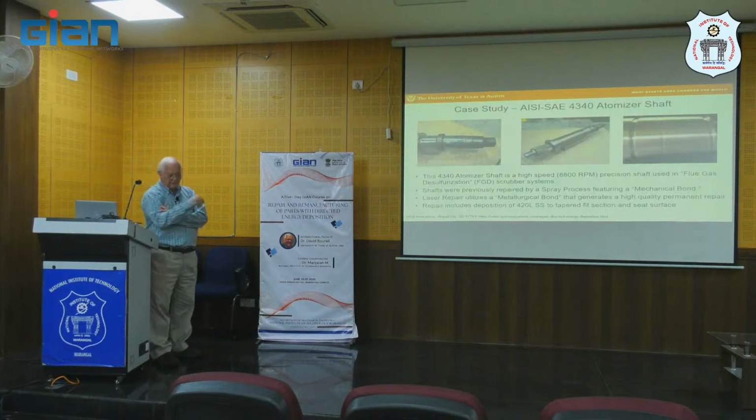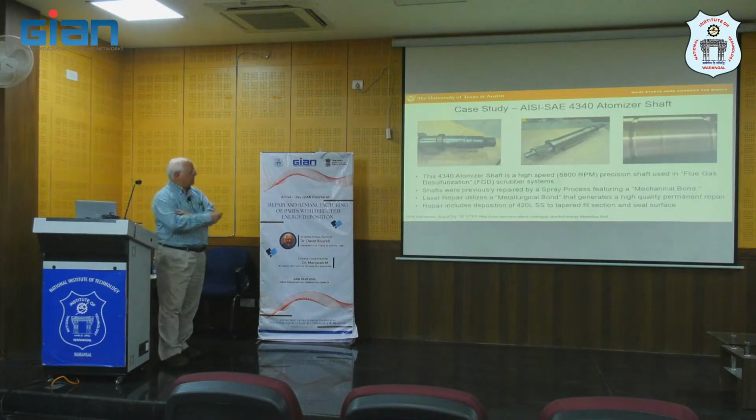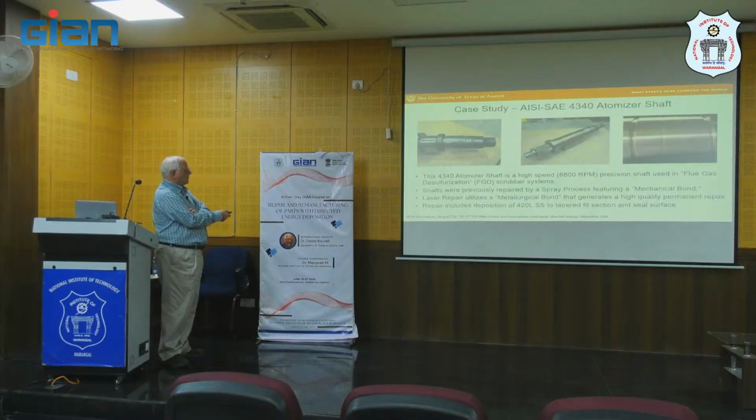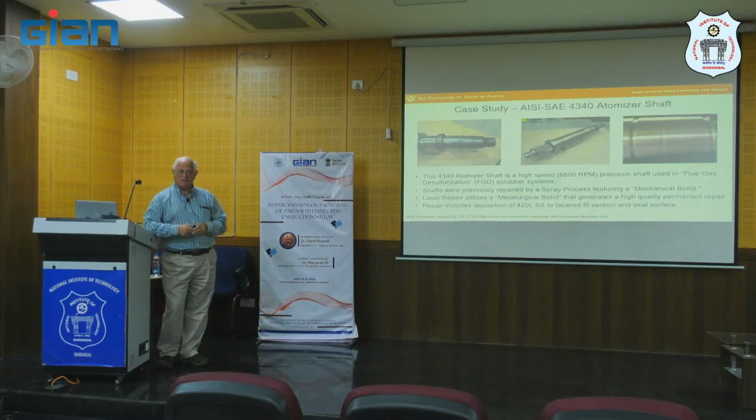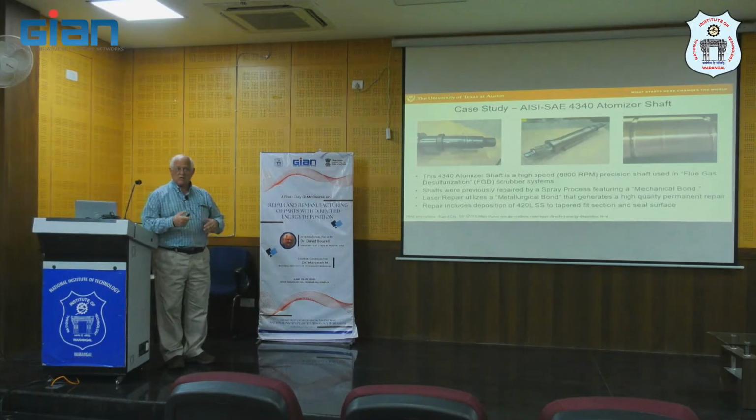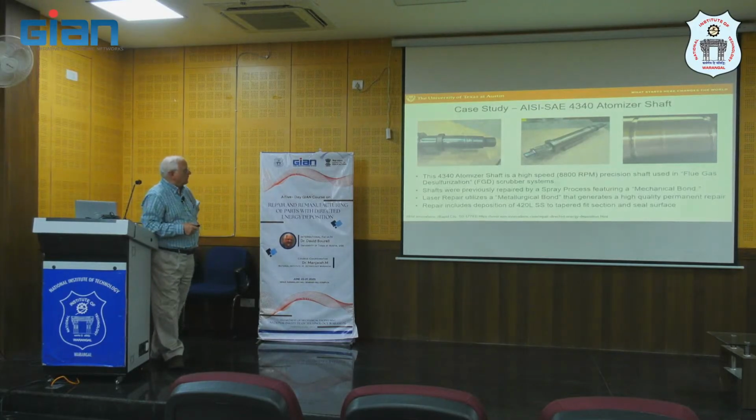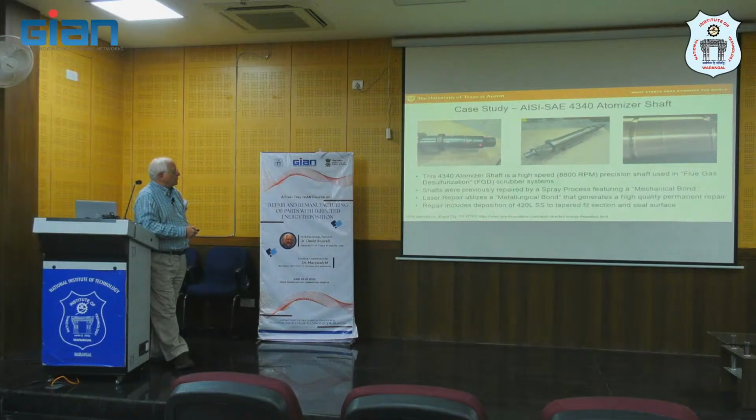This is an atomizer. It's 4340, a low alloy steel, heat treatable, so we can get very hard surfaces with the 4340. This shows the worn shaft. You can see the grooves here on this atomizer shaft. This is the before.